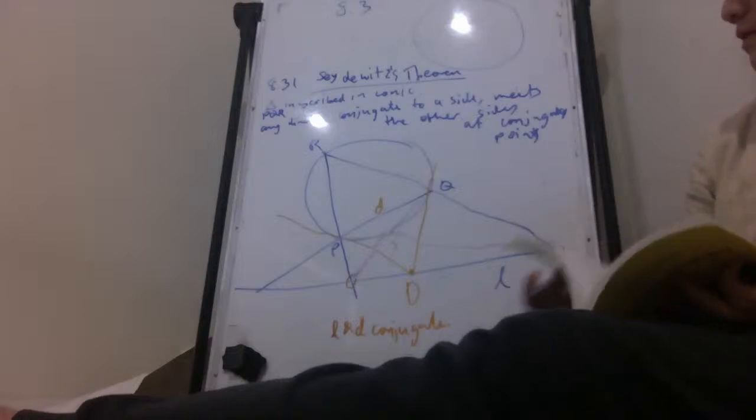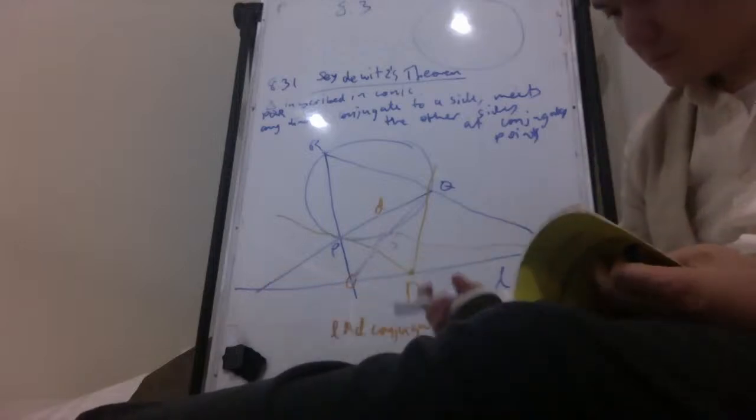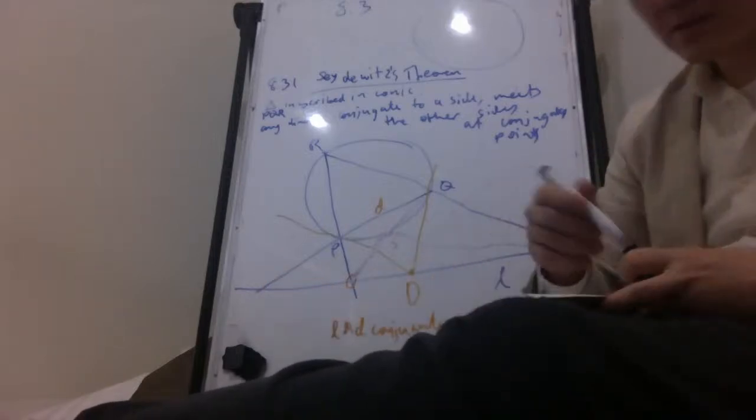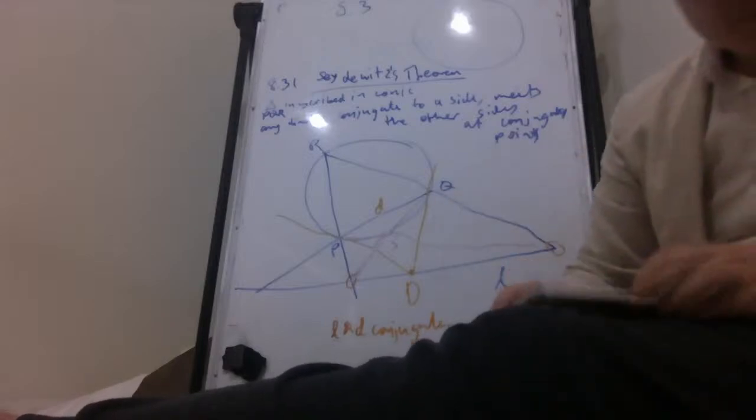No, so I guess in this case, this would be C. If RC meets the conic again at S, let's have a look. I need another pen.